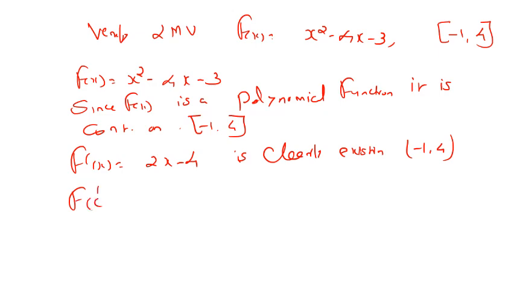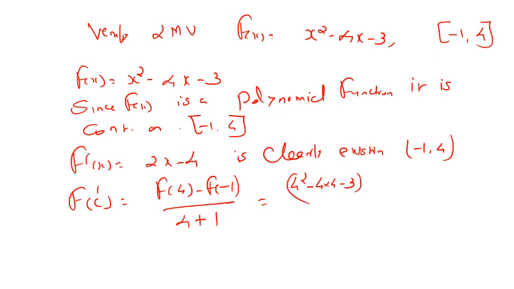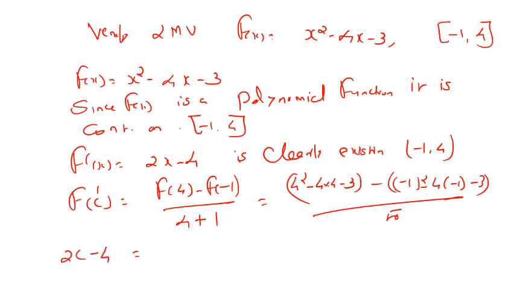Then there is a c in open interval minus 1 to 4 such that f dash c is equal to f of 4 minus f of minus 1 by 4 plus 1. What is f of 4? 4 squared minus 4 into 4 minus 3, minus, minus 1 squared minus 4 into minus 1 minus 3, all by 5. What is our f dash c? 2c minus 4. So 16 minus 16 will go, that means minus 3.